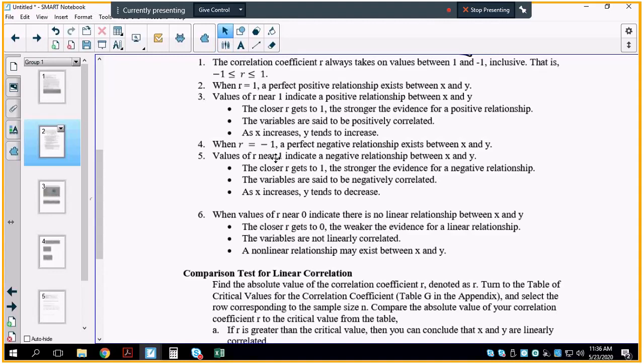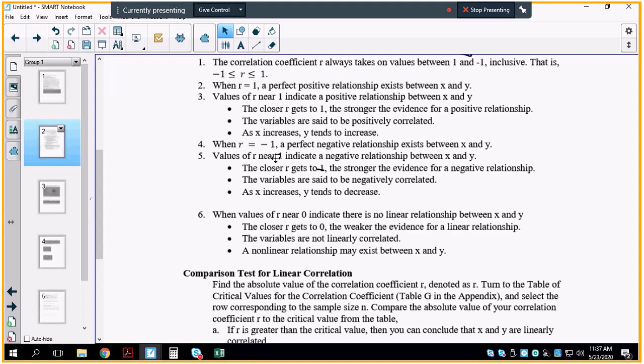The closer R gets to -1, the stronger the negative relationship there is. So again, I think this is a typo. Both of these ones should be -1. Let me fix it. So -1, -1. The variables in a negative relationship are called negatively correlated. As x increases, y tends to decrease.